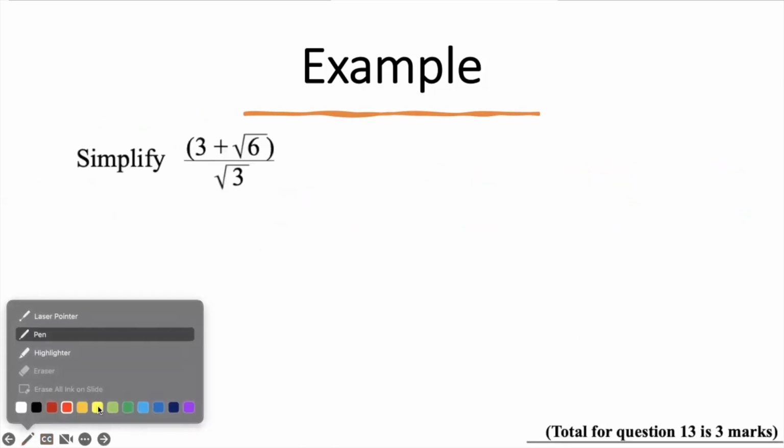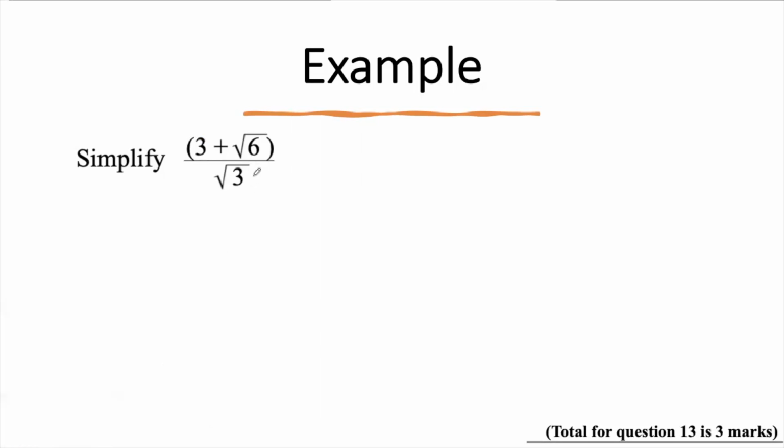Okay, so now let's do 3 plus root 6 over root 3. In this case, we just multiply the top and bottom with root 3. The numbers on the bottom multiply to 3, since root 3 times root 3 is 3. Then we have 3 plus root 6 times root 3.